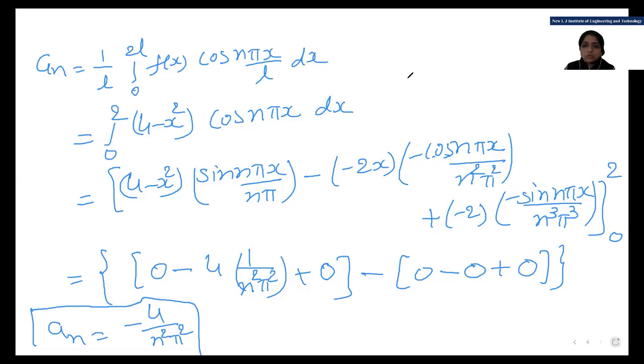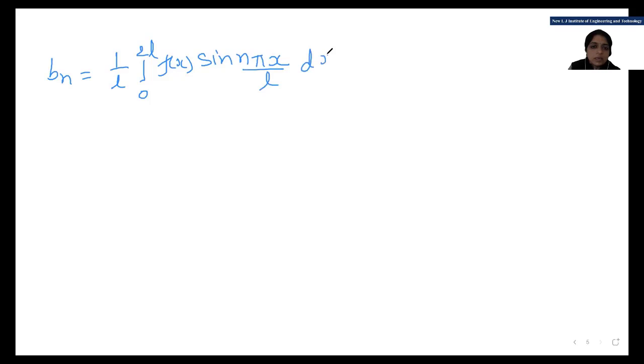Okay. So for Bn, it is equal to 1 by L, integral 0 to 2L of f of x sine n pi x by L dx, right? Here again L is 1, 2L is 2, f of x is 4 minus x square.